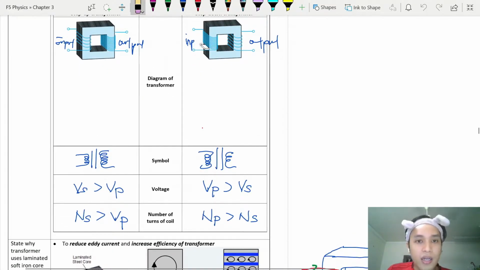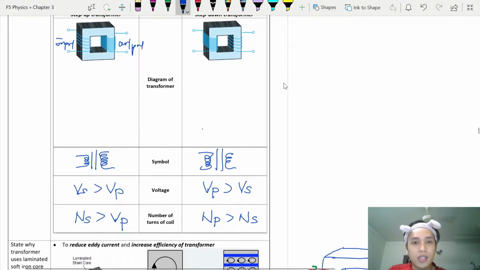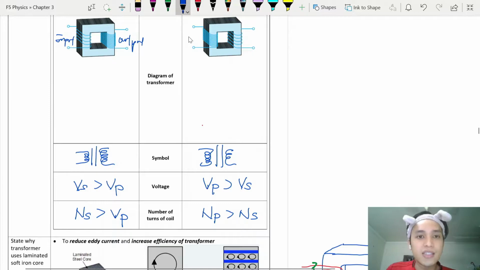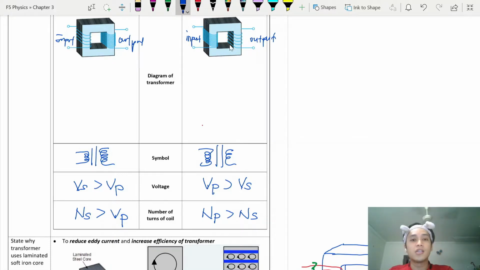Initially, let's say this is my input. Based on this design, if I tell you that this is the input and this is the output, meaning more coil to less coil, this is step down, decreasing voltage.